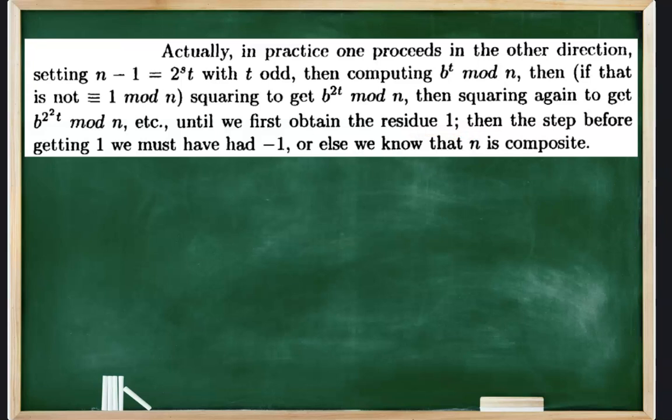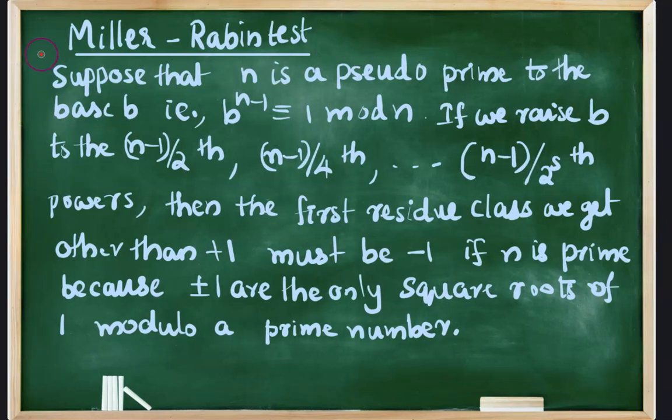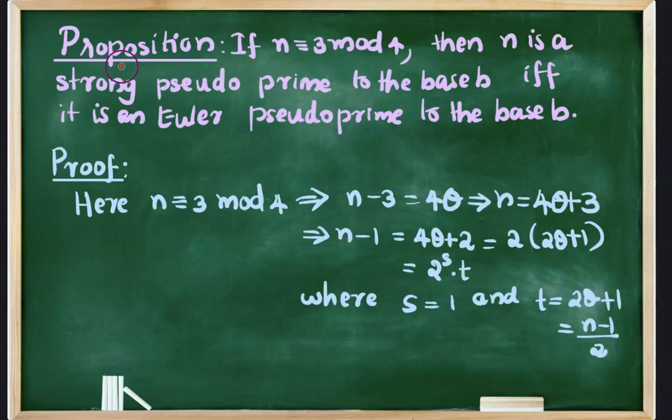If the number n is a prime, then in the step before getting plus 1, we must have had minus 1. Otherwise, we conclude that n is composite. This test is known as the Miller-Rabin test.